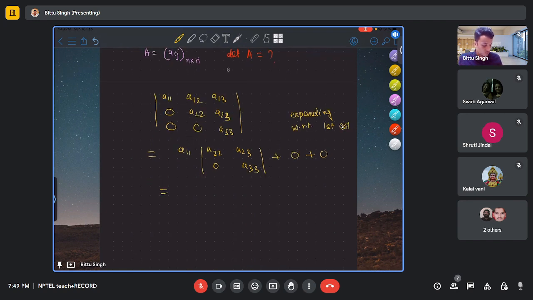Similarly, if we expand again with respect to the first column, we get A11 times A22 times A33.